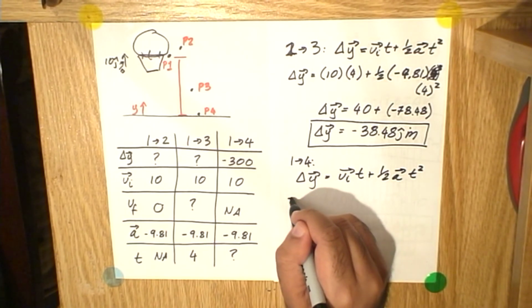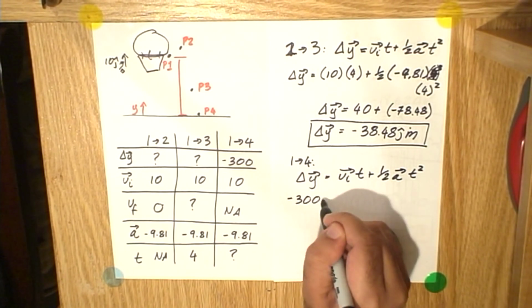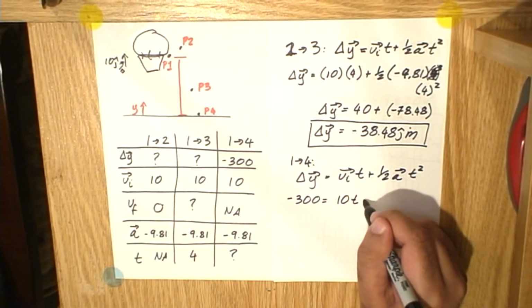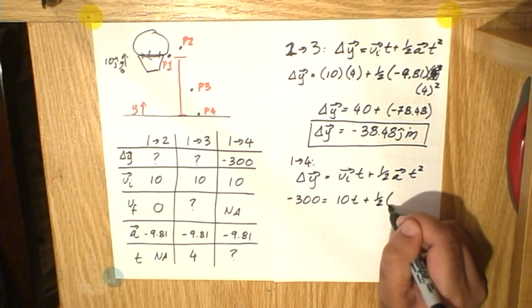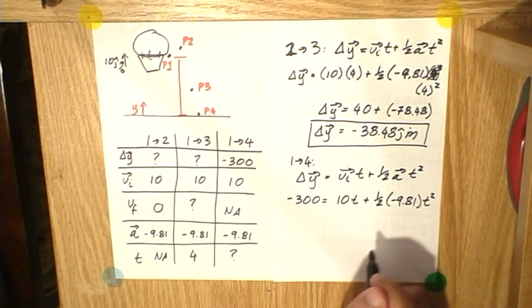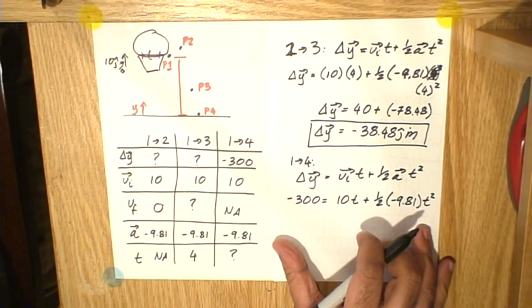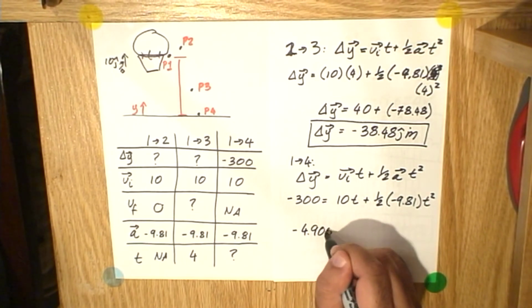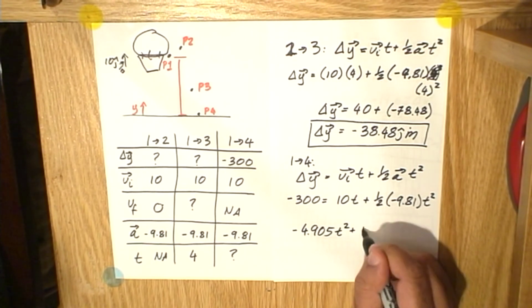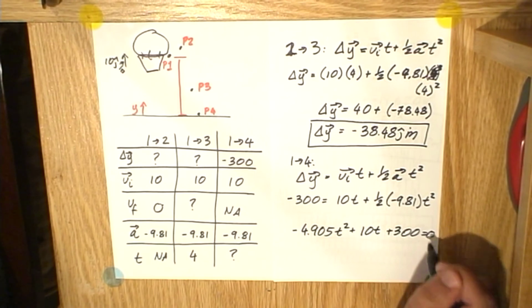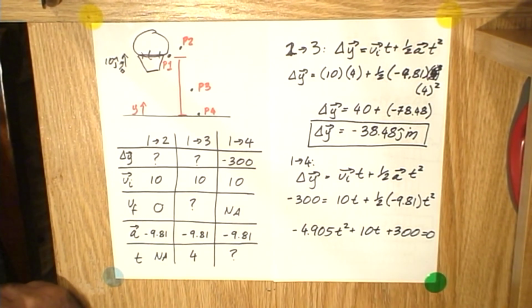Delta y is negative 300 is equal to v initial 10 times t, unknown, plus half acceleration, negative 9.81, times t squared. So simplifying this quadratic equation, we would get negative 4.905 t squared plus 10t plus 300 is equal to 0, and we would need to find the value of t.